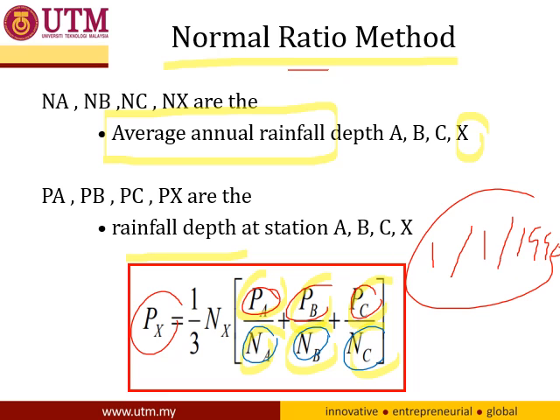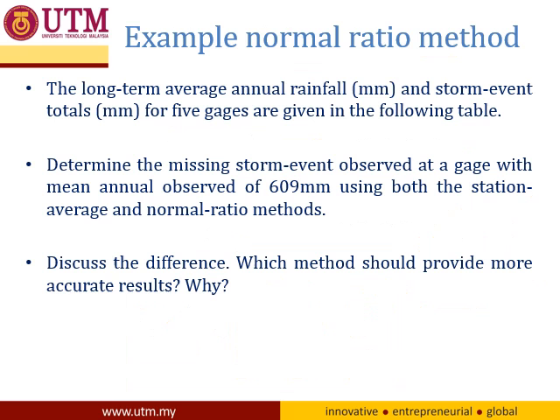Later we may do some exercise. So here is an example, the long-term average annual rainfall. It gives you the average annual rainfall and storm event in millimeter. Storm event means, for example, just now, 1 January 1990. So that is the storm event.